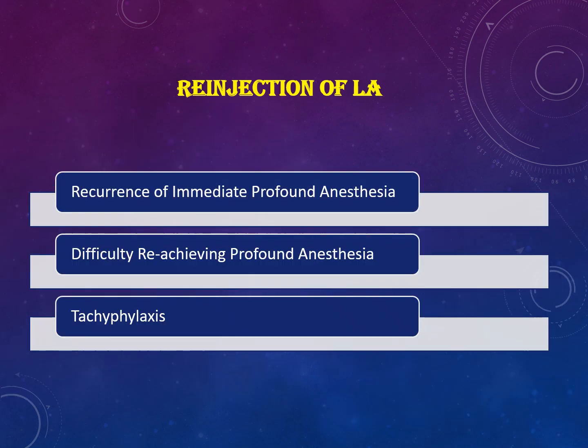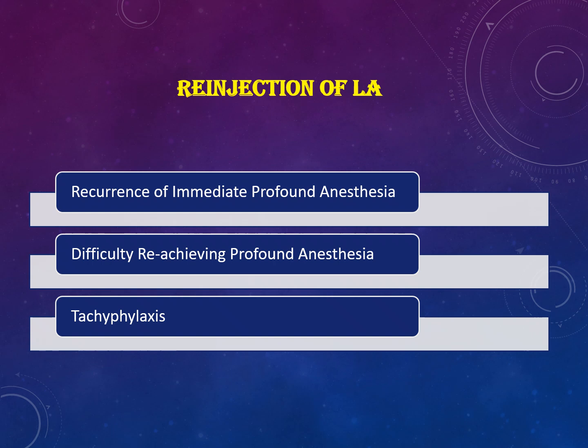Now, in the case of re-injection of LA, when the local anesthetic effect is diminishing or has already diminished, we go for a re-injection. There are three scenarios that can exist when such a situation occurs. First, there is a recurrence of immediate profound anesthesia. Once we inject the LA, the patient gets profound anesthesia.